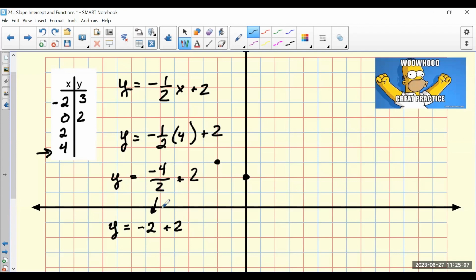This becomes -2 plus 2. Y is now equal to 0. So when we put in a 4 for x, we get out a 0 for y. Okay, so we go over 2, and we get a 0 for y.